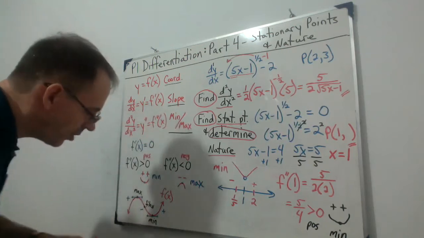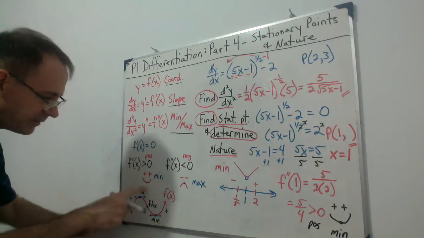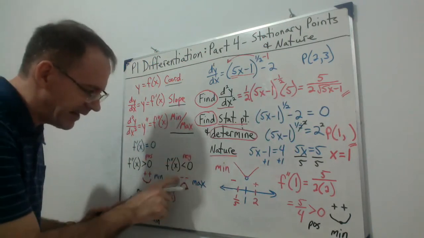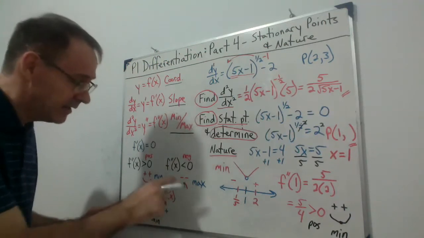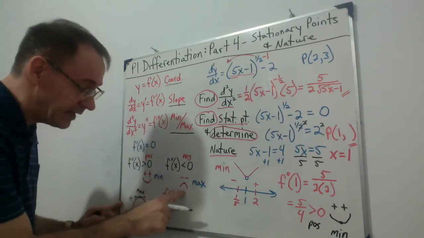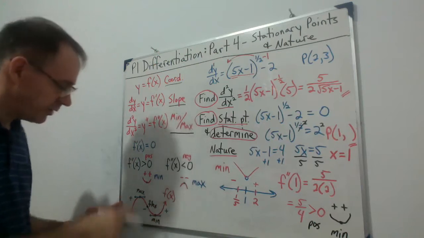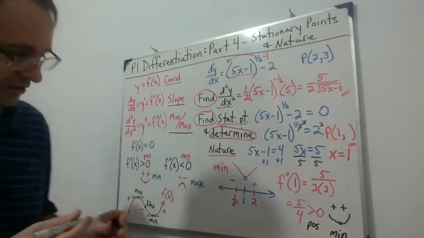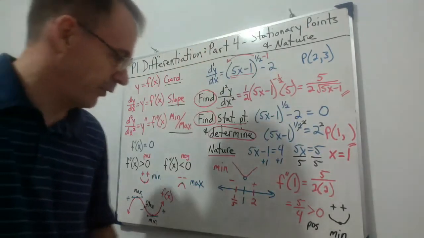So when your second derivative is positive, it makes a smiley face. If your second derivative is negative, when someone's being negative, they're frowning, so they're squinting their eyes and have that frowny face. And so at the top of the frown is a maximum. So we use smiley face and frowny face from the second derivative to help us determine the nature of the stationary point.